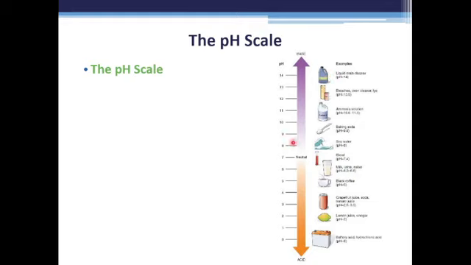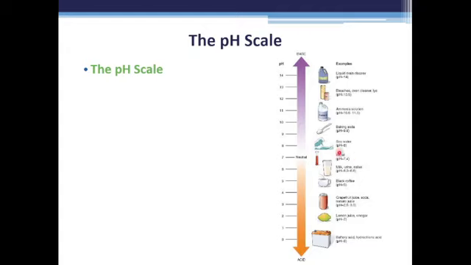Even slight deviations outside the 7.35 to 7.45 range of blood can impair enzyme function. It can disrupt nerve signaling, and it can even cause illness or death. So maintaining the blood pH level is very, very crucial.